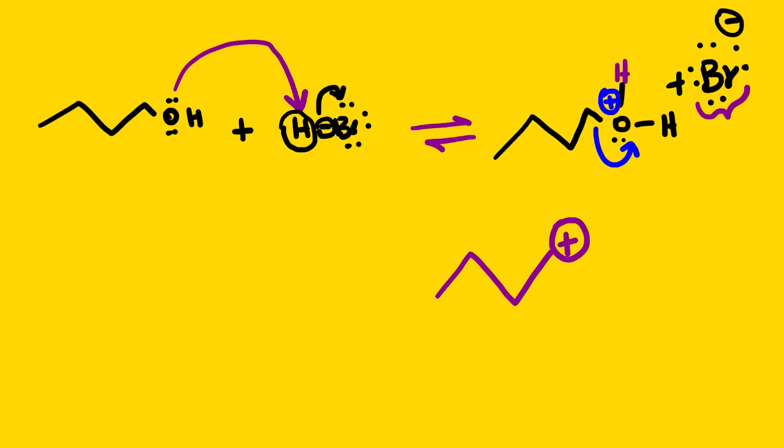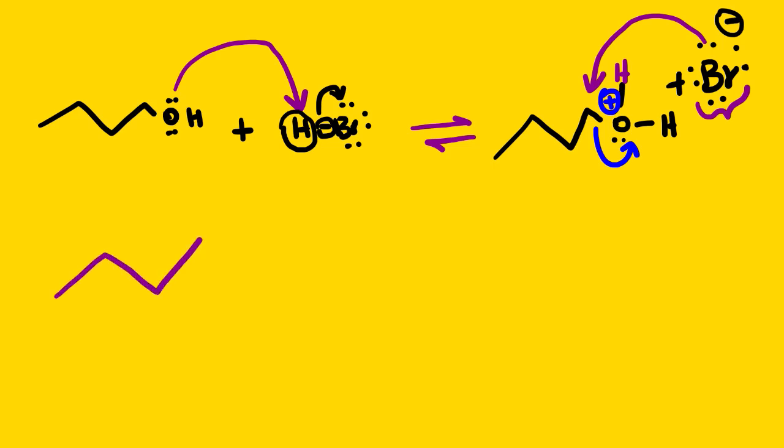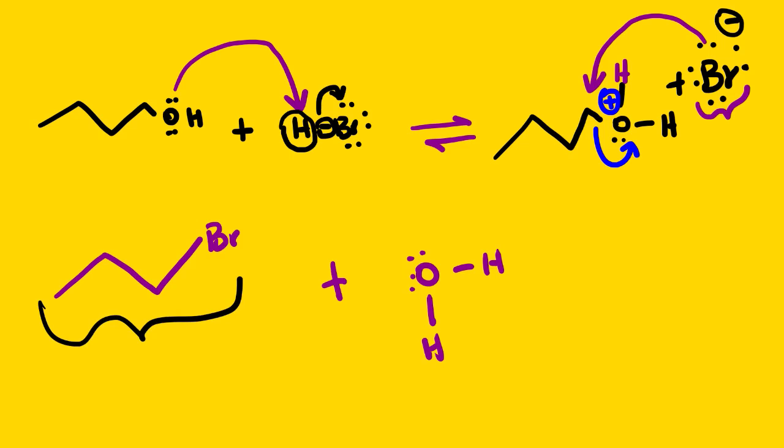So in this case a nucleophile will back attack before it reaches that point, meaning that we are not going to be looking at the stereochemistry in this case, and then this good leaving group would be here. Now you can see the product, we have our alkyl halide and then we have water.